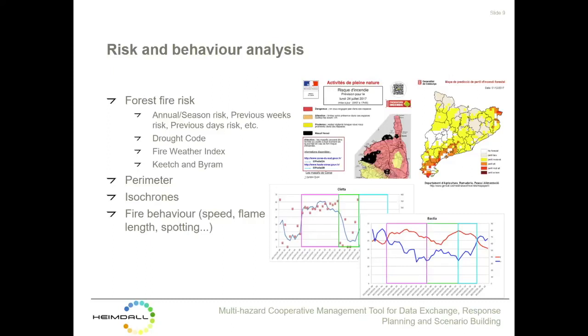In this sense, what is valuable for forest fire is to collect information about pre-incident forest fire risk, either annual or seasonal risk, the previous weeks, previous days, etc., like the drought code index, fire weather, the evolution of the drought code, the evolution of the fire weather index, etc.